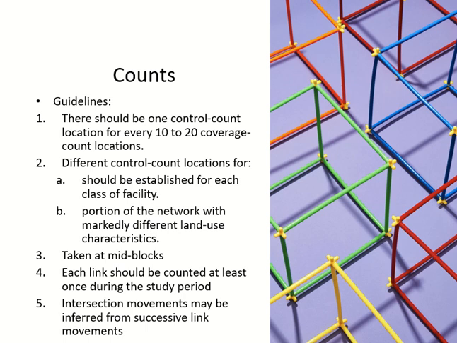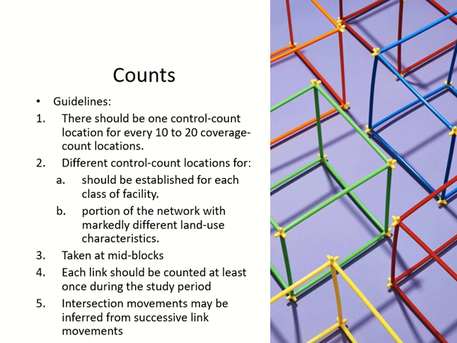You should do at least 2 control counts for a coverage of 30 counts. Clear? Okay. So the first guideline is to make sure the ratio is under the limit.